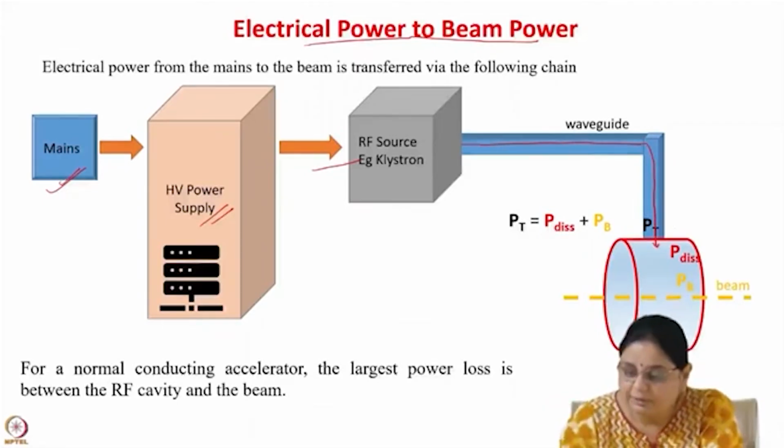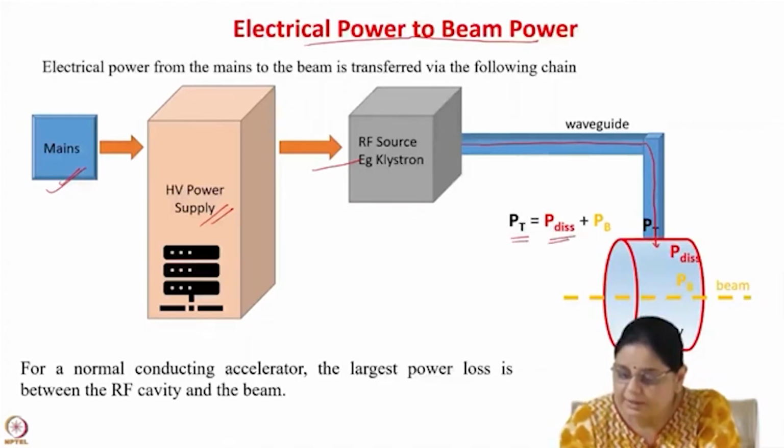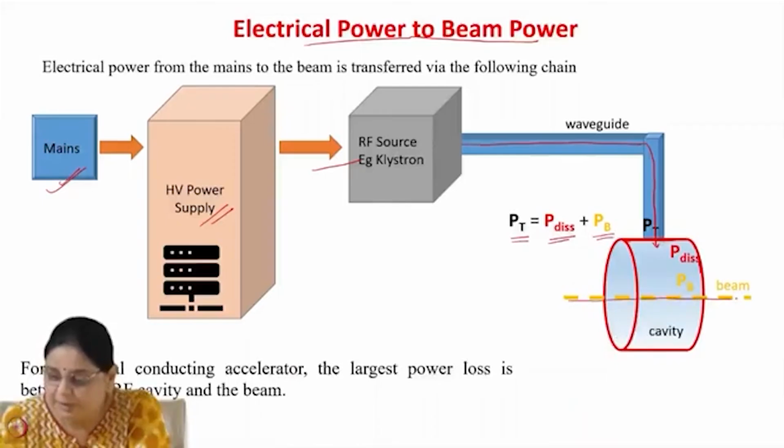We have studied that of the total power that goes into the cavity, part of it is dissipated in the cavity, because in the normal conducting cavity the field penetrates up to a distance equal to the skin depth, and there is some RF resistance on the surface, so some power is dissipated in the structure. Part of the power is dissipated in the structure and part of the power goes to the beam.